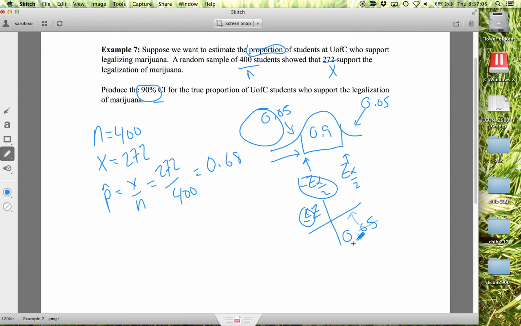If we see which value corresponds with this 0.05, we'll find that it's in the negative 1.6 row, and it'll be in between 0.04 and 0.05. So here the negative z alpha over 2 value then is negative 1.645, and therefore the positive z value is 1.645 with a positive sign.